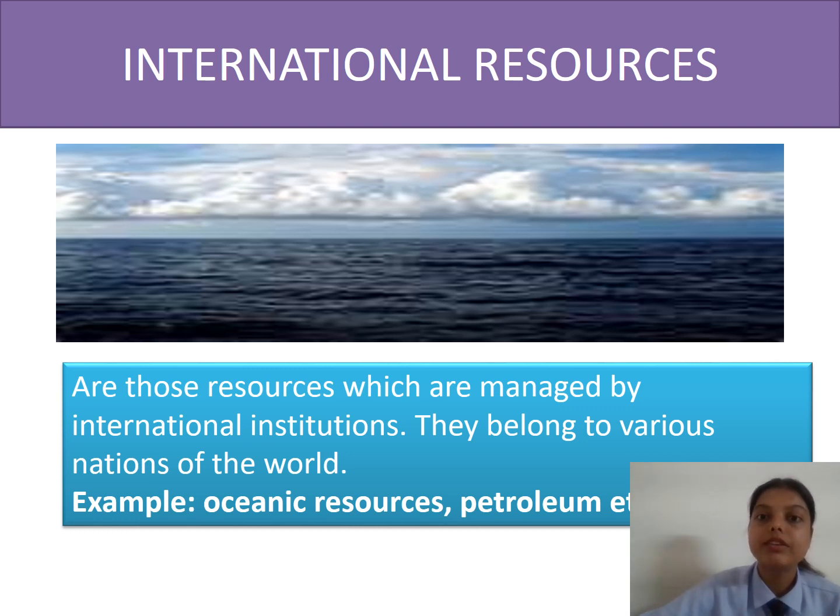Next one we have the international resources. International resources are those resources which are managed by international institutions. We cannot manage them. We have only the right to use them, but on some terms and conditions. We are not the only owner of that property.